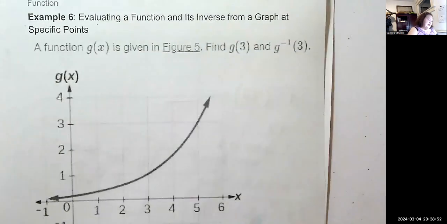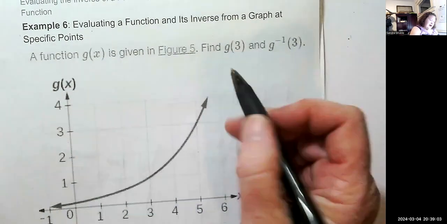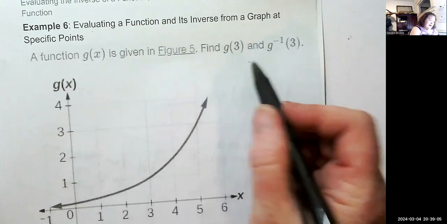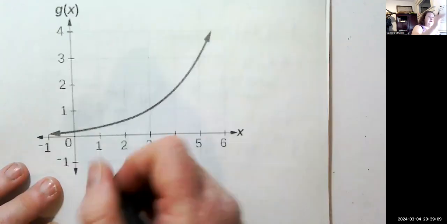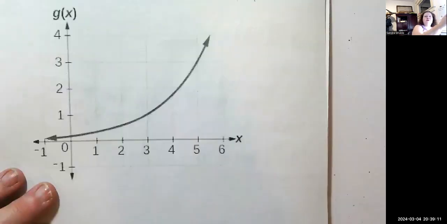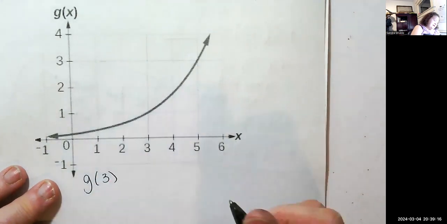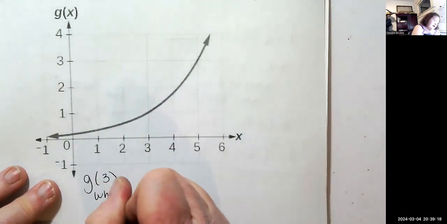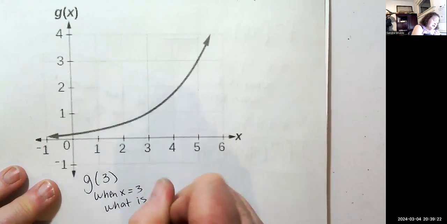All right, evaluating the inverse of a function given the graph of the original function. So we have find g of 3 and the inverse of g of 3. Let me see if I can clean this up a little bit. This is pretty blurry, sorry about that. So g of 3, what that means is when x is 3, what is g of x?